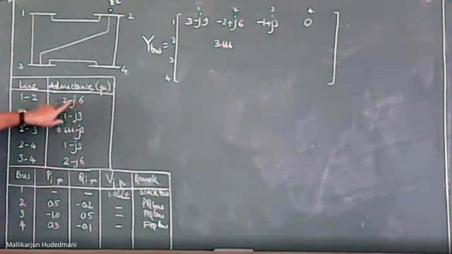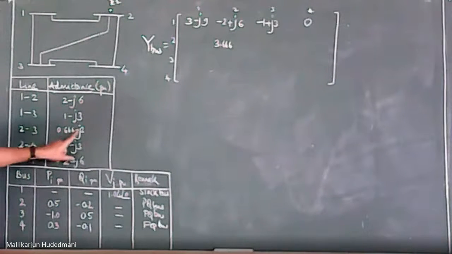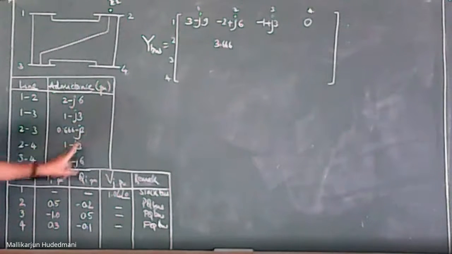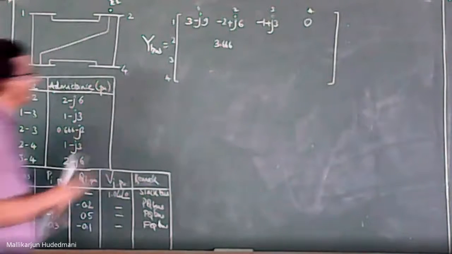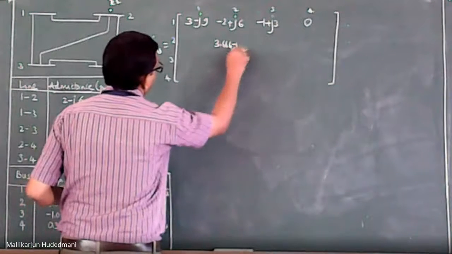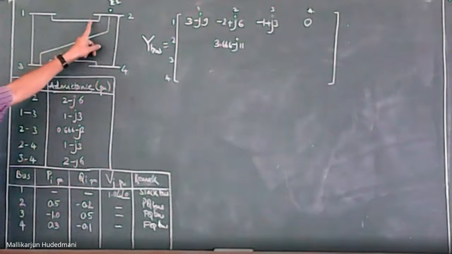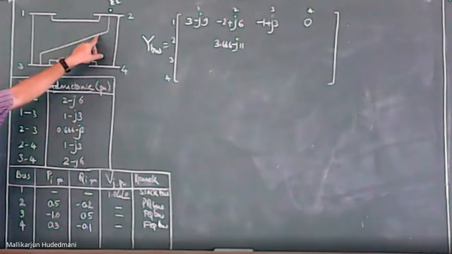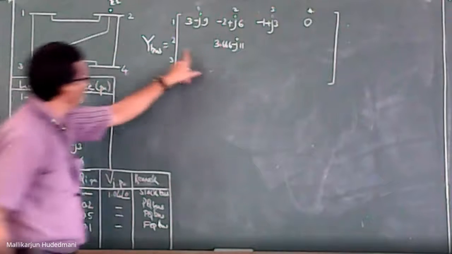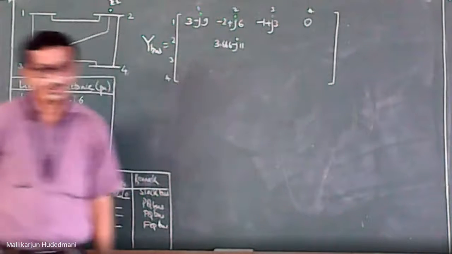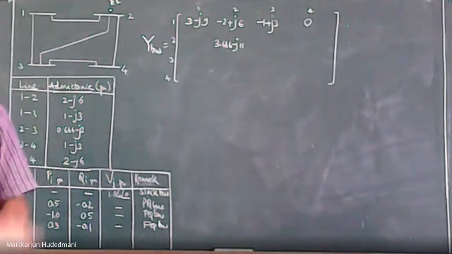How about the reactive term? Minus J6, minus J2, minus J3. It becomes minus J11. Can you see what I did here? The sum of the admittances of this line plus this line plus this line is put in the 2 cross 2 diagonal. By inspection I can do it.